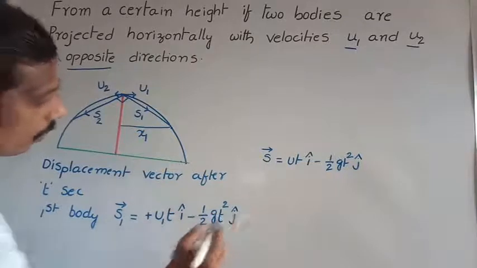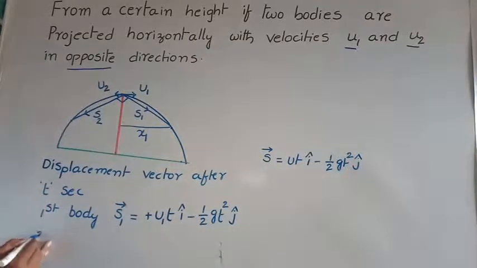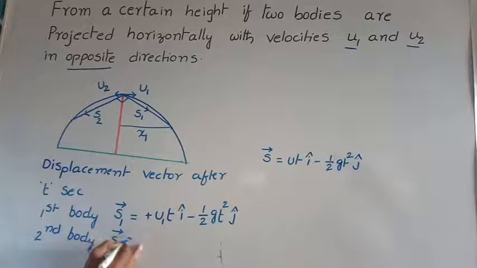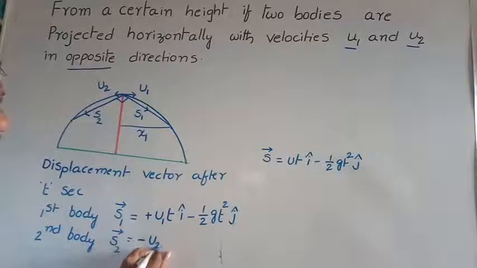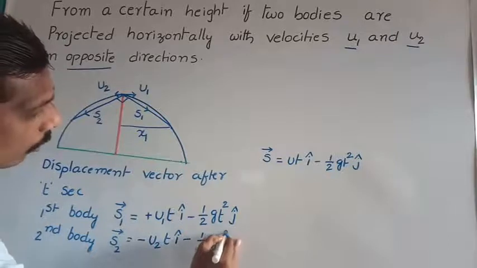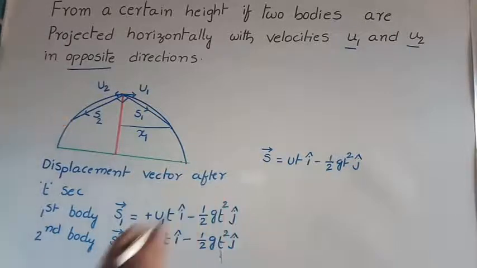Second body displacement vector: S2 bar is equal to, now here the second body is traveling along the negative x axis and negative y axis. That's why minus u2 into t i cap minus 1 by 2 gt square into j cap will come. These are the two displacement vectors.